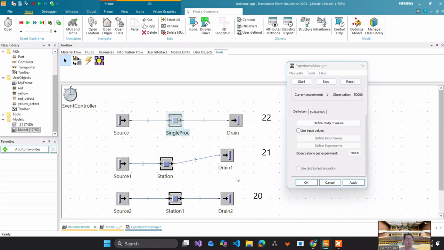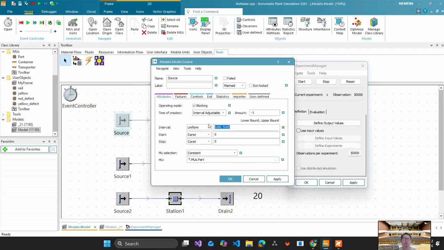But for one experiment, I want to run it 5,000 times. Why do I need to run it 5,000 times? Because there is a random value. What is the random value here? It is the reaction of the MU. The MU does not react every 1 minute, not every 5 minutes, but at a random number between 1 and 5.